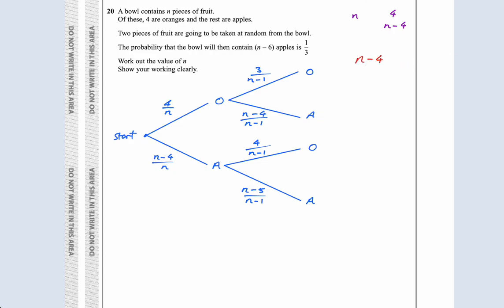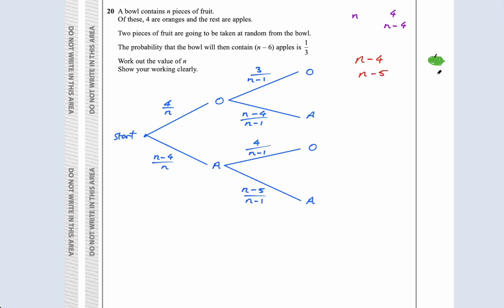If we eat an apple, let me draw an apple. That's a very poor apple. There, that's your apple. If there's n minus 4 apples and you eat one, how many are left? Now it's n minus 5.